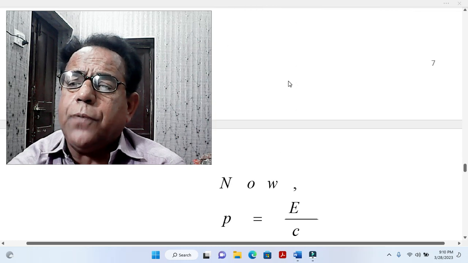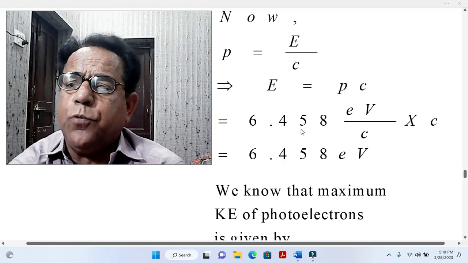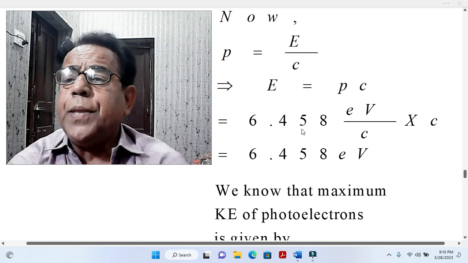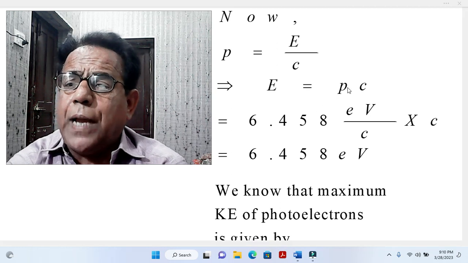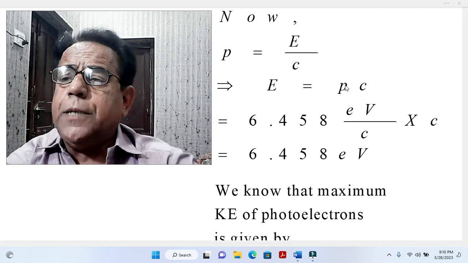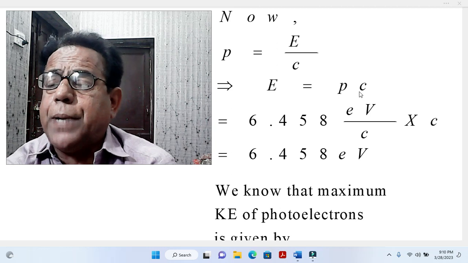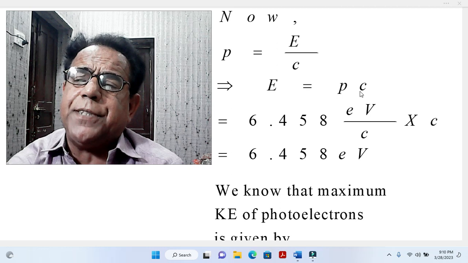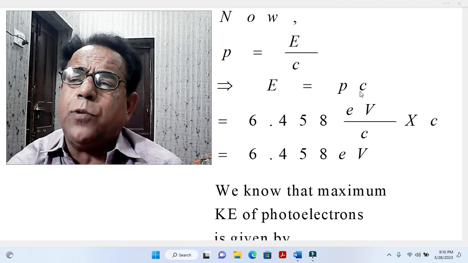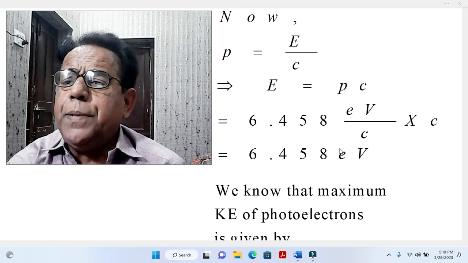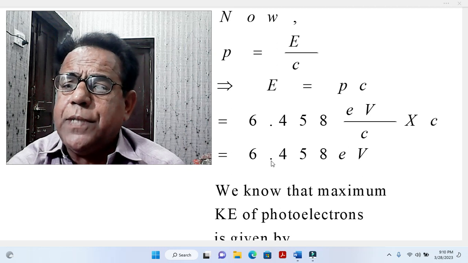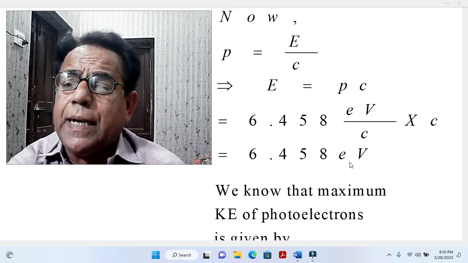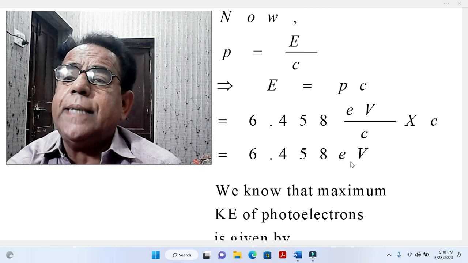We have simply put the value of p, 6.458, which we calculated in the previous step, and multiplied it with c, which is part of the definition, part of the equation. c will be cancelled with c and we will be left with 6.458 electron volt. This is energy.